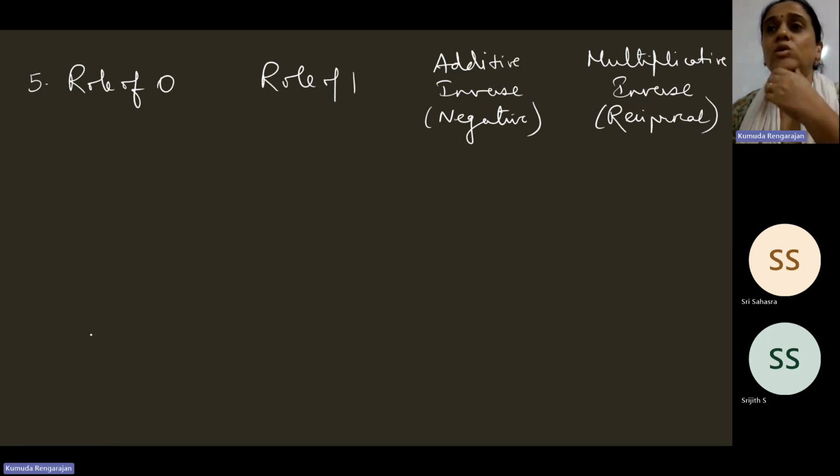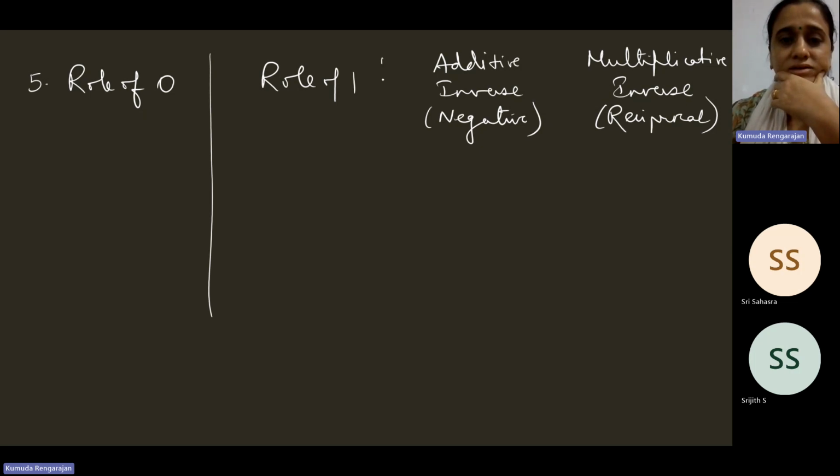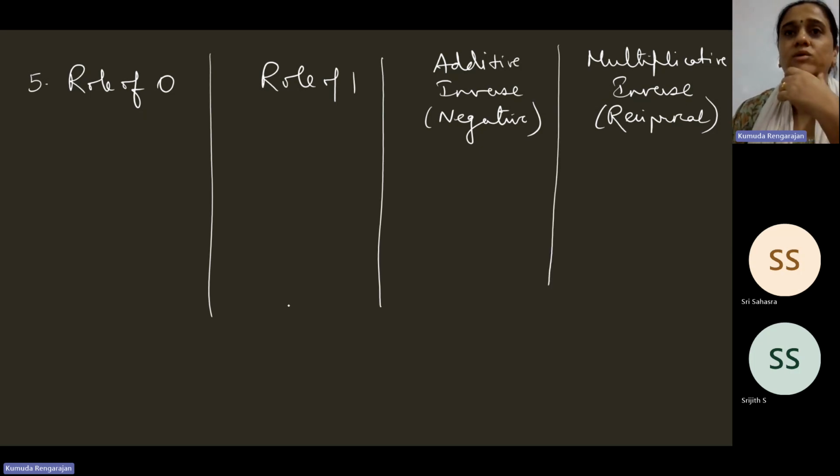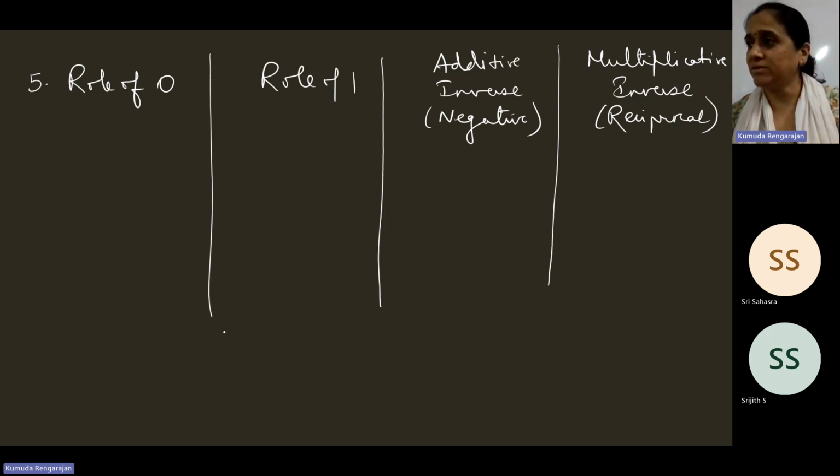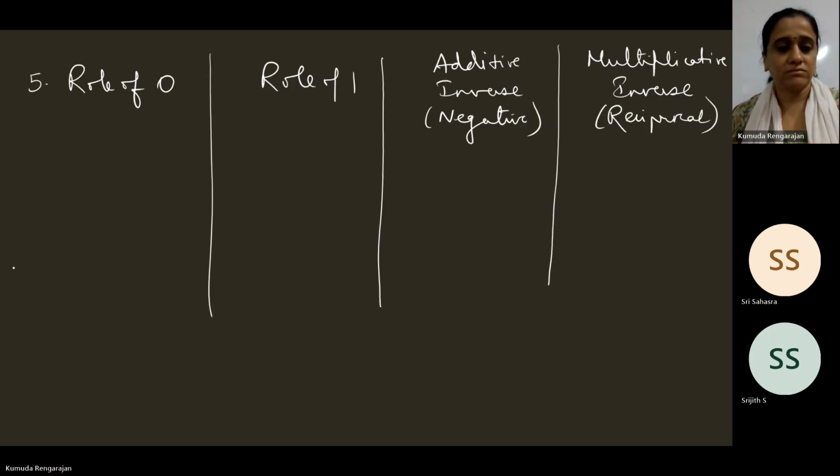Okay, so we'll see the role of 0, role of 1. These are different things. Role of 0, role of 1. Additive inverse or negative of a rational number. Multiplicative inverse or reciprocal of a rational number. I'll just write the same things.